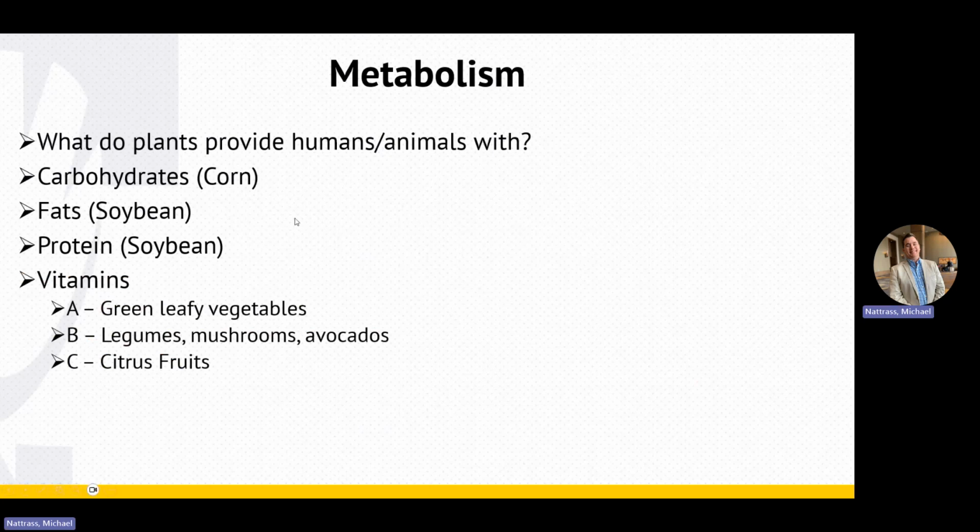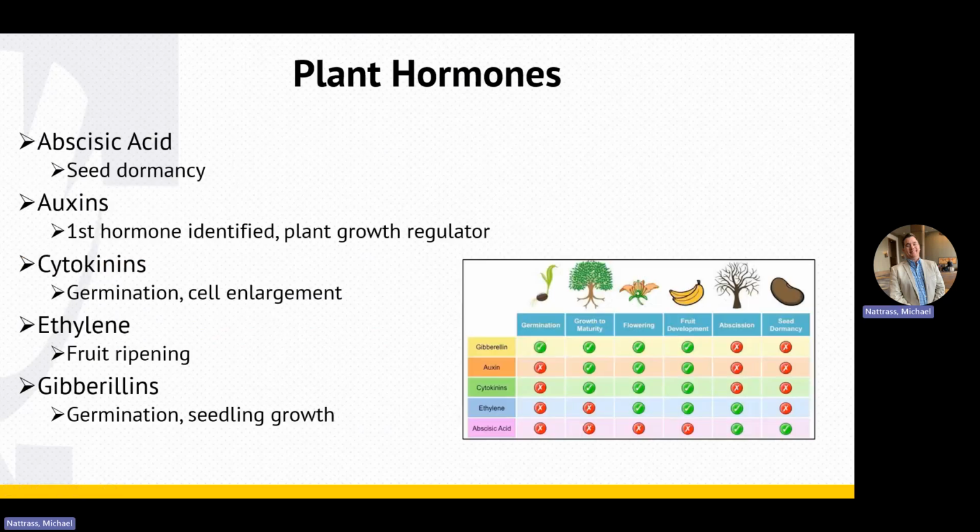So we've got carbohydrates, fats, and proteins, and these different vitamins: green leafy vegetables for vitamin A, legumes for vitamin B, and our citrus fruits, C for citrus, for vitamin C.